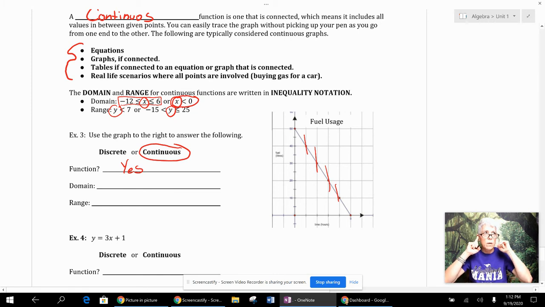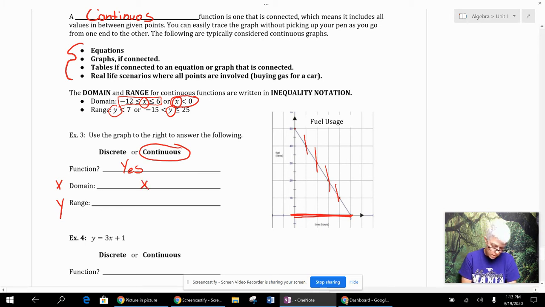So here's where we need to be thinking. Domain is x. Range is y. So the least that the x's are, if I look at this graph, is all of this from here to here. So watch this, I'm talking about domain, so I'm going to put an x right there in the middle.